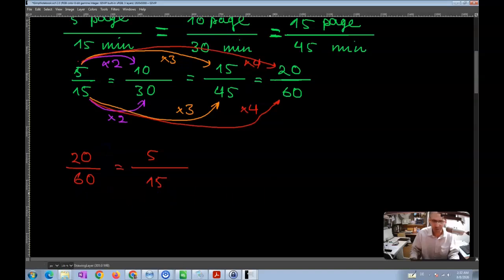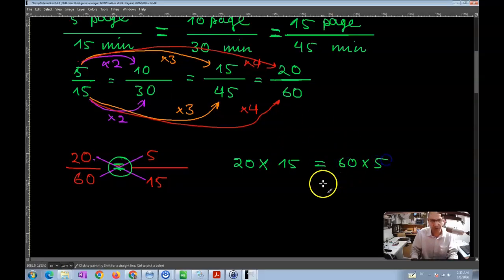You can take your fraction over here, and cross multiply means crossing the numbers like this, and then you have the equal sign over here. So if I want to cross multiply, I will say 20 times this 15 is equal to, and the equal sign comes from here, now we need to multiply the other two numbers, which would be 60 times 5, right?